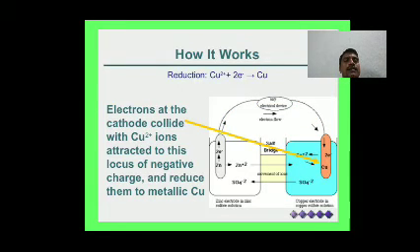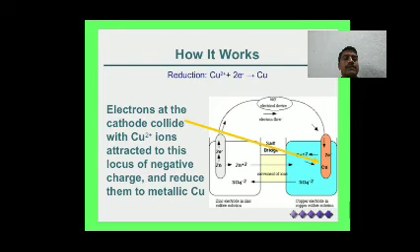At the cathodic half cell, the electrons at the cathode collide with Cu2+ ions attracted to this locus of negative charge and reduce them to metallic copper.